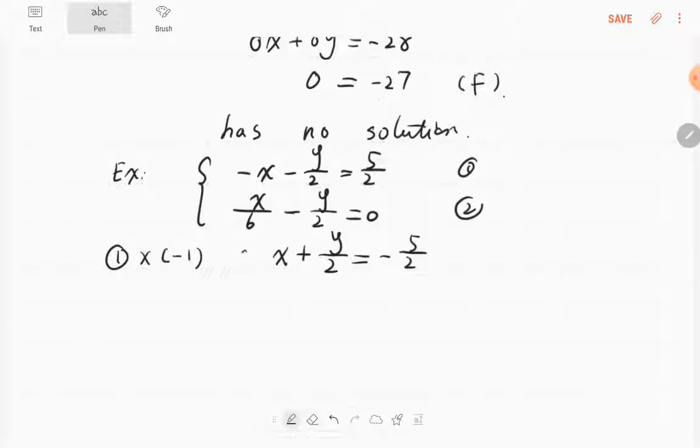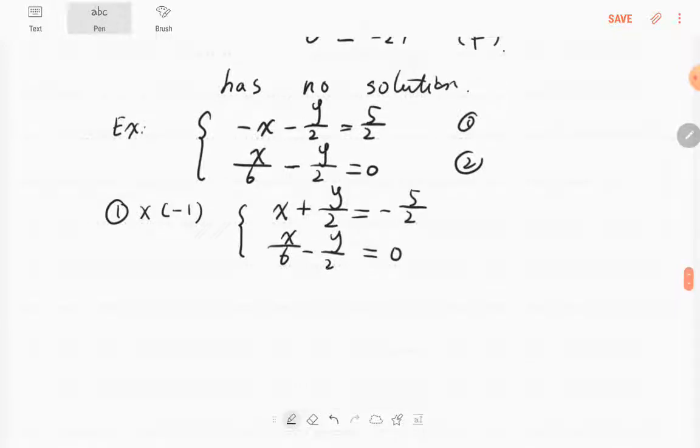So after that, we copy down the second equation. We didn't do any change to the second equation, so we just copy it down. After that, we could do the addition, right? We only need to add the left sides together. So we will have x plus half y plus x over 6 minus half y.